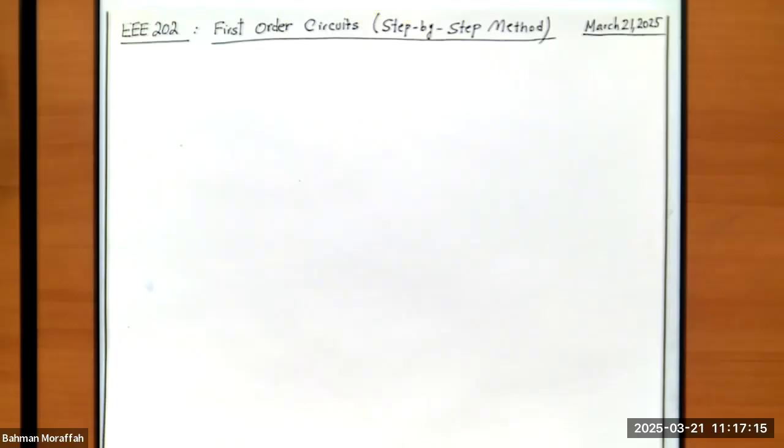We found k1, k2, and tau, so we know exactly what the solution is, right? And we call this the step-by-step method. We briefly talked about it last lecture. Today we're going to go over it quickly, make sure we know the steps, and do a few examples to make sure we understand it exactly. Okay, so let me quickly remind you what we have.